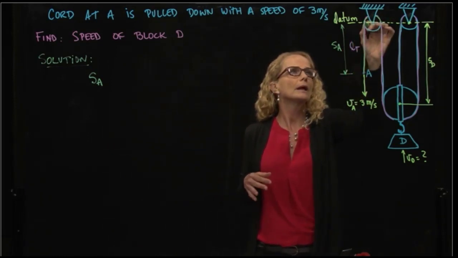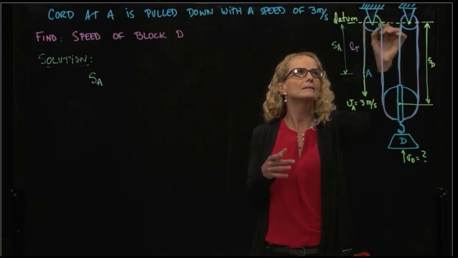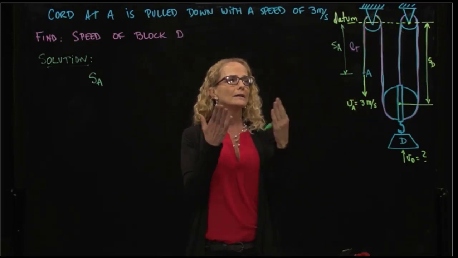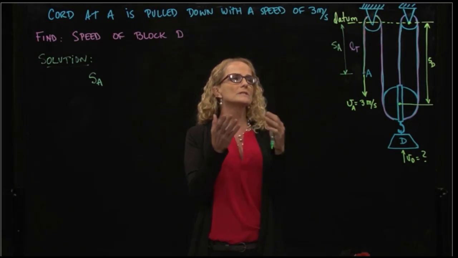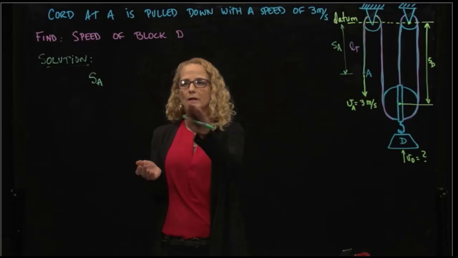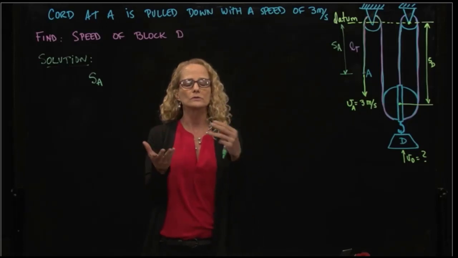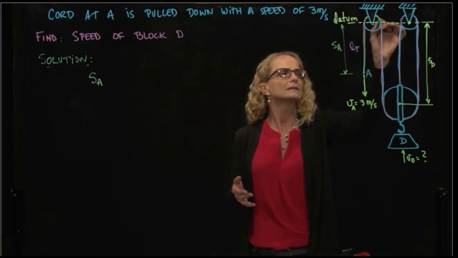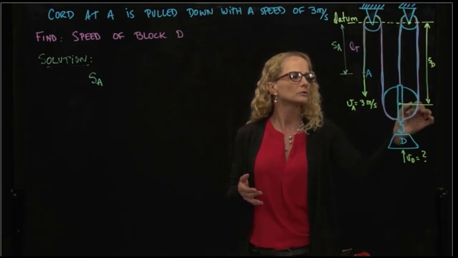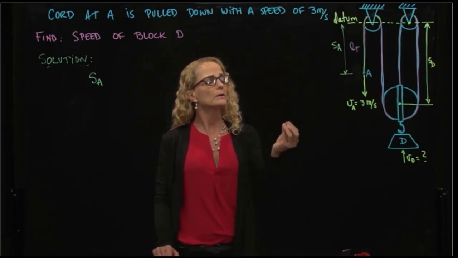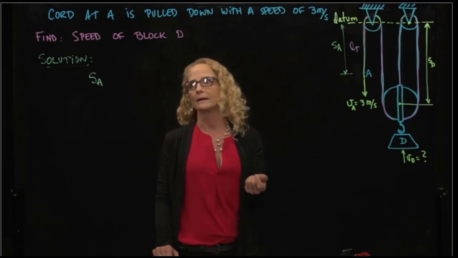That tiny little piece of cord will never change. If I ignore that little piece, because I am deriving the expression I'm going to write, and any constant, you know that the derivative of a constant is 0. Since the little pieces of cord surrounding the pulley are always the same amount of cord, I will not write those pieces in my equation.